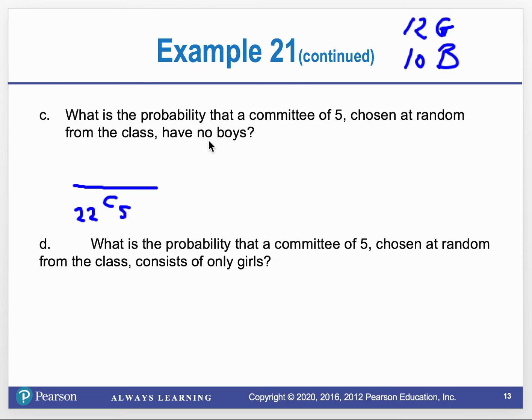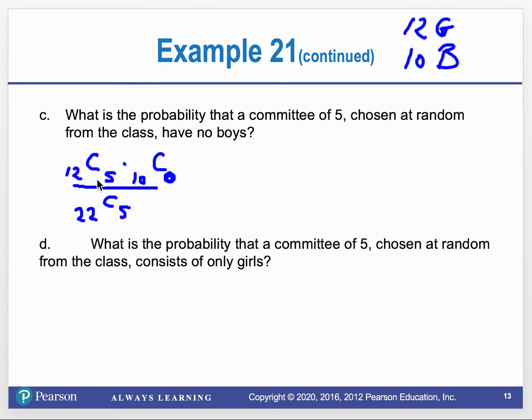Now, if I want there to be no boys, that means I'm going to choose the 5 people all from the girl slot. And out of the 10 boys, I'm not going to choose any. Right? So technically, this is what it looks like. Anytime we have a choose 0 here, and if I forget that, I can enter it in my calculator, and I could enter this entire thing. It doesn't matter.